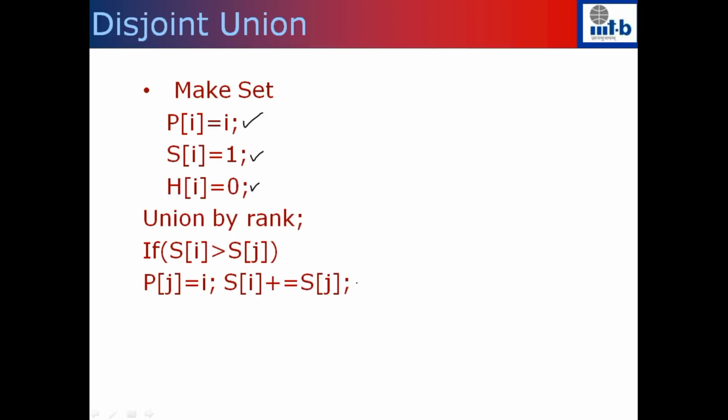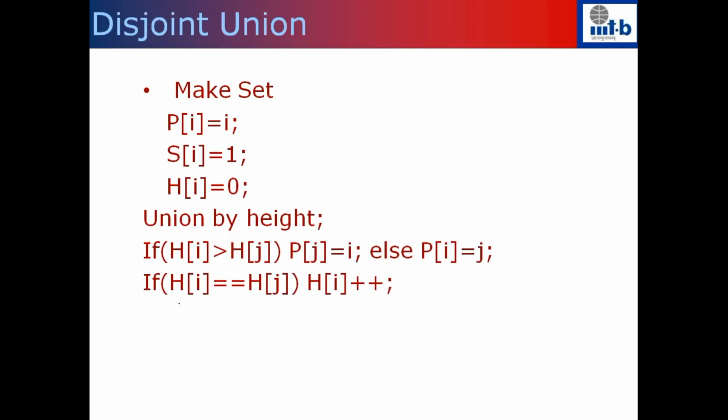This ensures that S is updated because the tree containing j has been merged with the tree containing element i, and i still continues to be the root and j will start pointing to i. Exactly similar stuff can be done for the union by height.